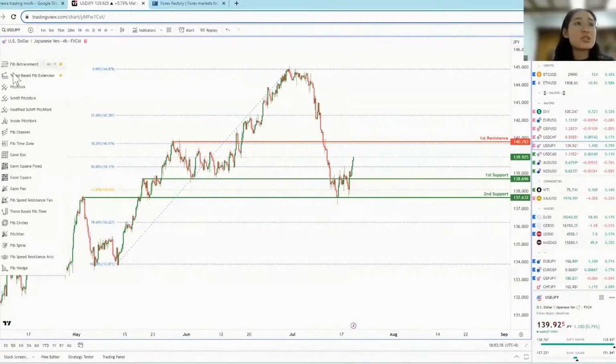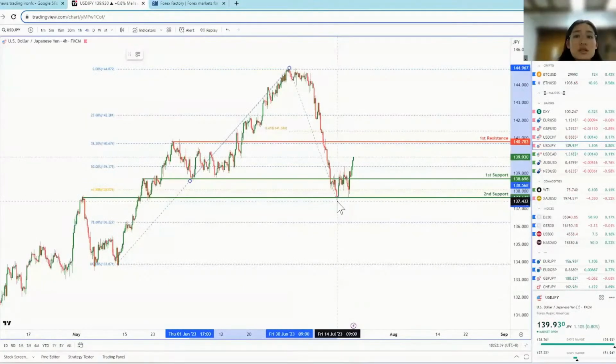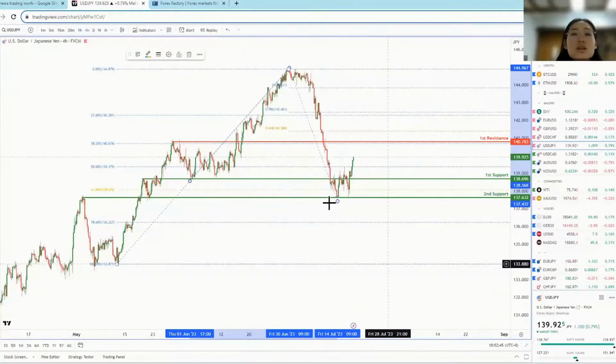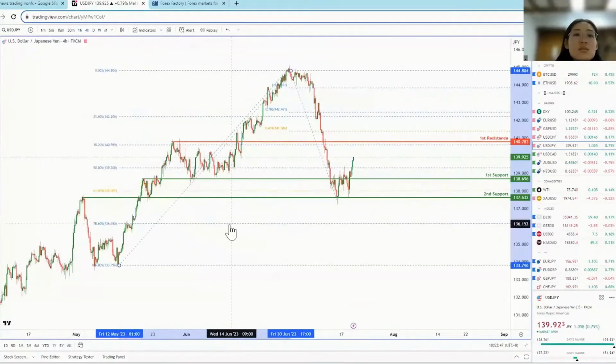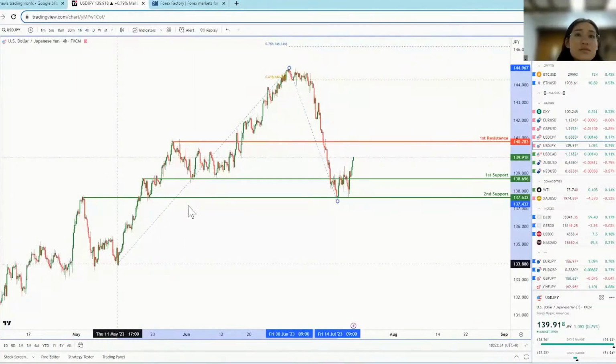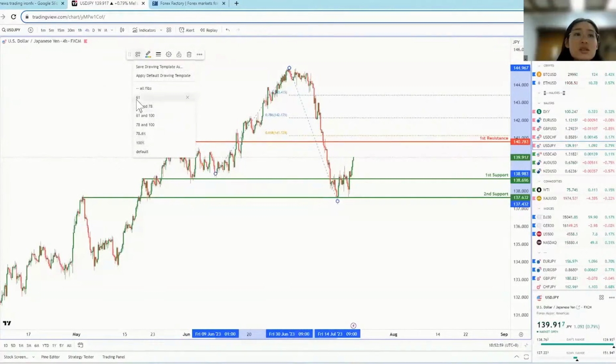I'm going to pull up my projection. Okay, my 61.8 lines up with my first resistance, so I'm just going to keep that.